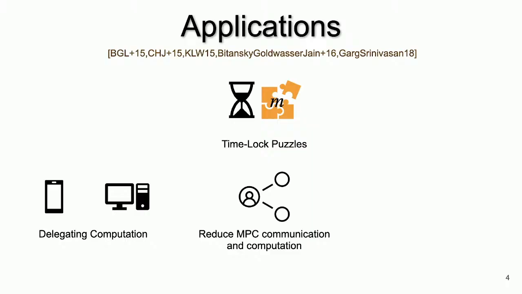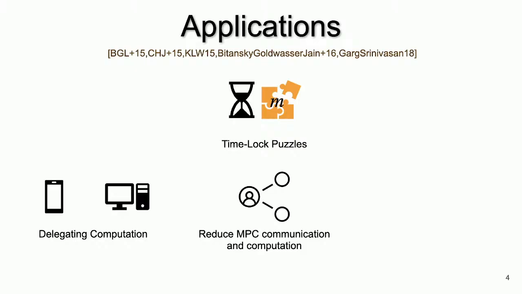In general, randomized encodings are an important tool, and they show up in MPC use cases where instead of performing MPC over the original function or the original Turing machine, you're going to perform MPC over this encode functionality.